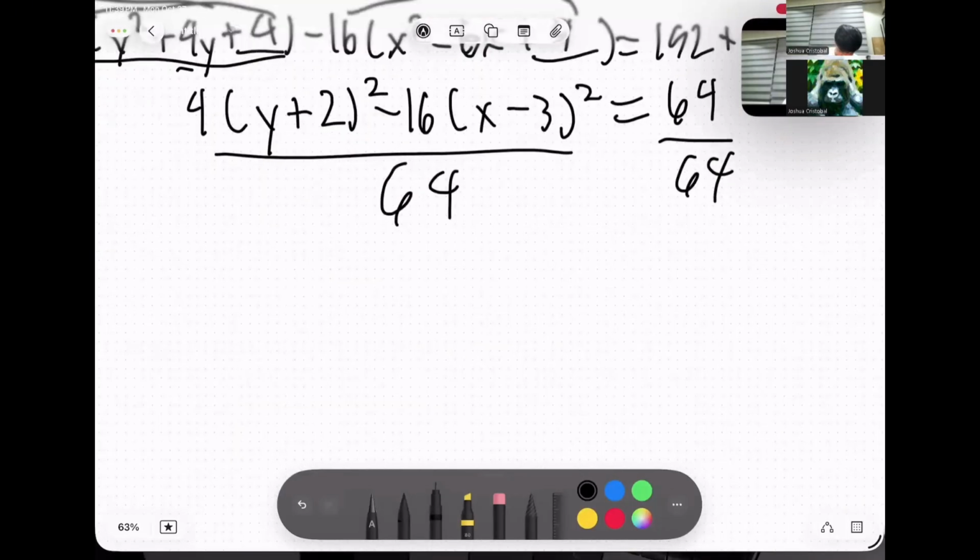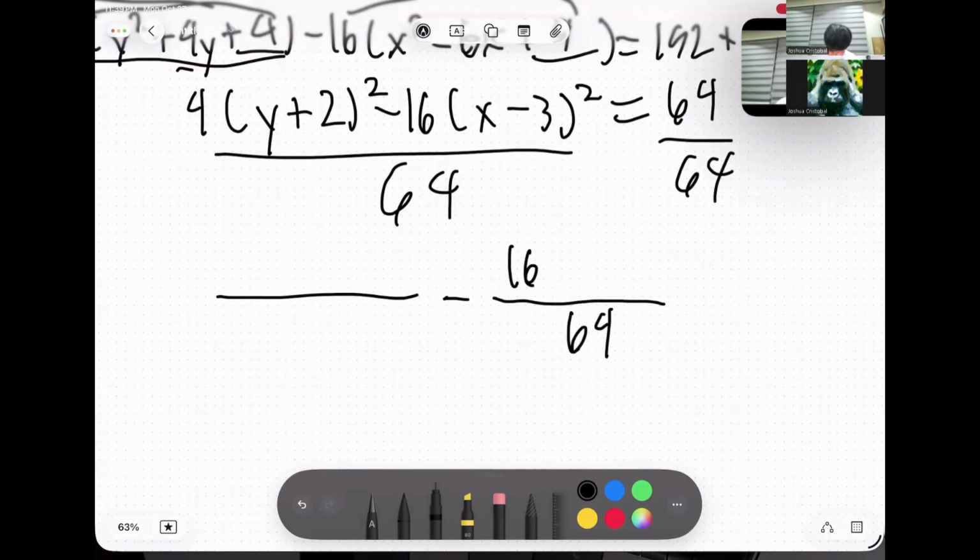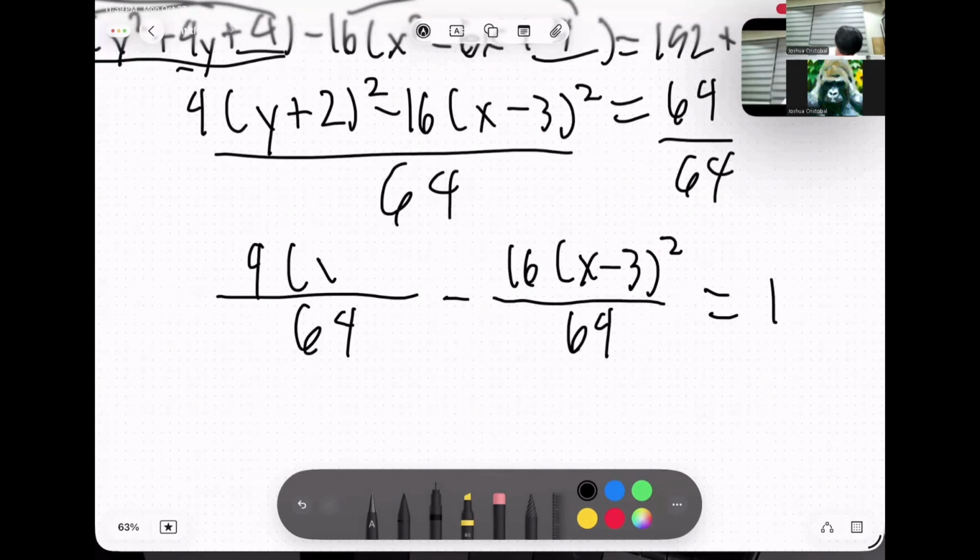So let's put the minus right there. It's going to be 16 divided by 64 for this x minus 3 squared, then 4 over 64 for y plus 2 squared.